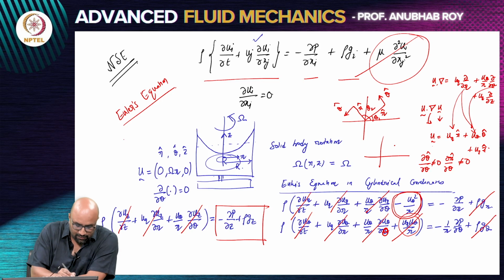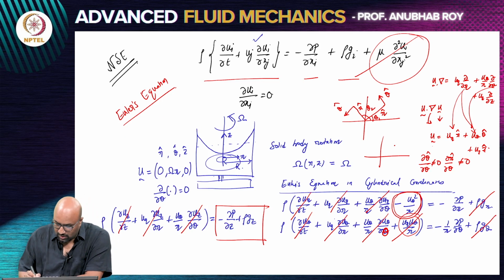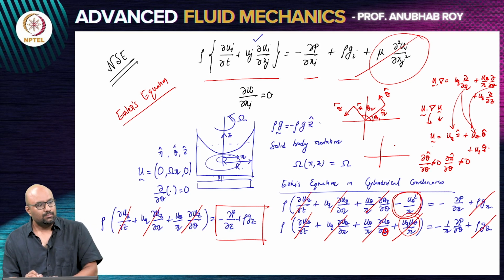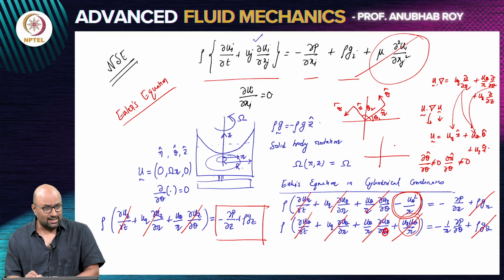So the only body force that you have, rho g cap, is basically minus rho g z cap. So, g_z is the z component of the acceleration, which is the body force part, and there is only one component; the r component and theta component are absent.